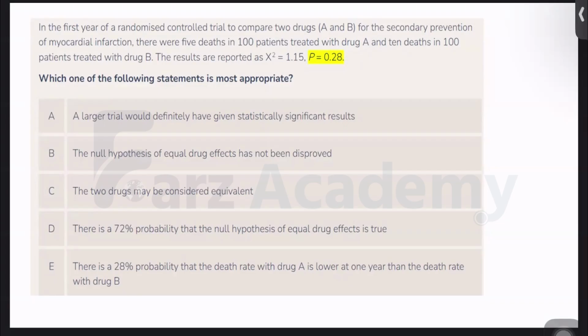How do you know whether their statistic is significant or not? Has any question mentioned whether the result is significant or not? Because p-value is much higher. Normally accepted p-value is 5%, no? 0.05.